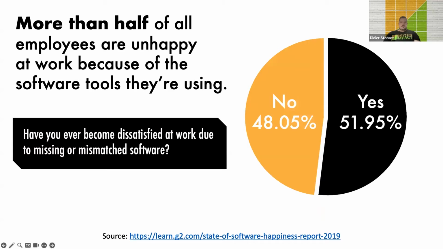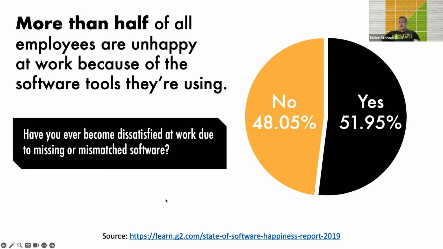Now, this is a really interesting stat. The stat comes from G2's 2019 State of Software Happiness Report. Obviously, being provided the right tools to perform the job plays into our level of job satisfaction. When the right tools are not in place, our level of efficiency and effectiveness decreases. This is one factor that can contribute to our unhappiness in the role.